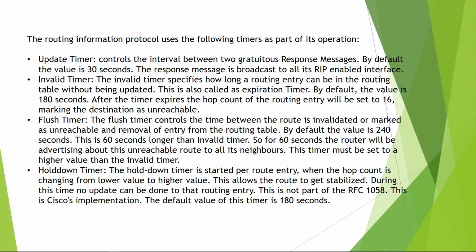This is 60 seconds longer than the invalid timer. So for 60 seconds, the router will be advertising this unreachable route to all its neighbors. This timer must be set to a higher value than the invalid timer, obviously because it removes the routes from the routing table.